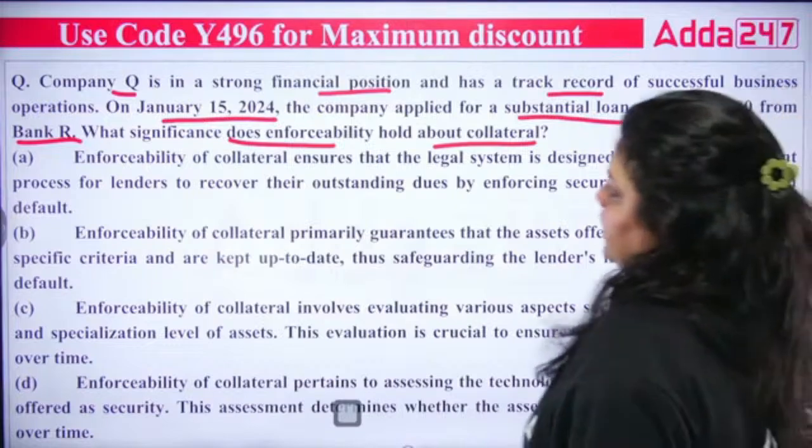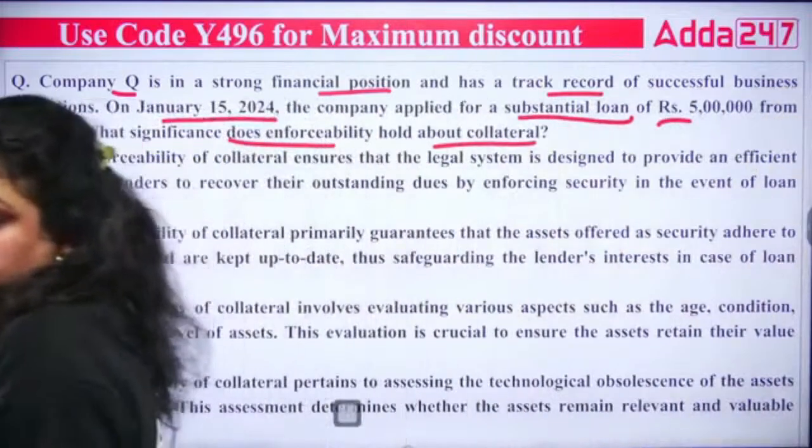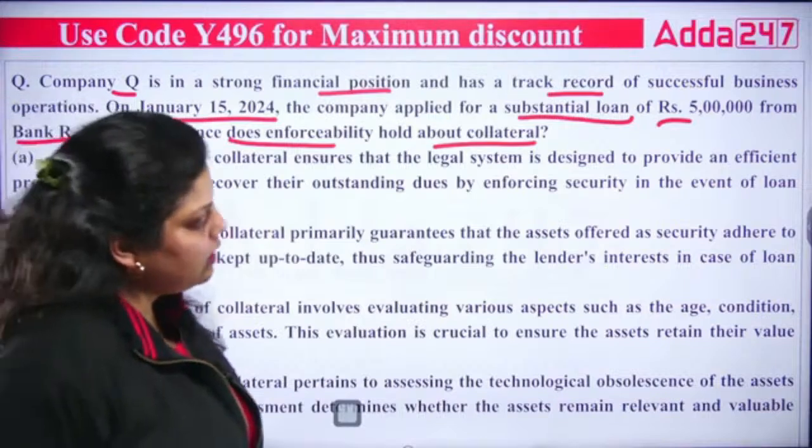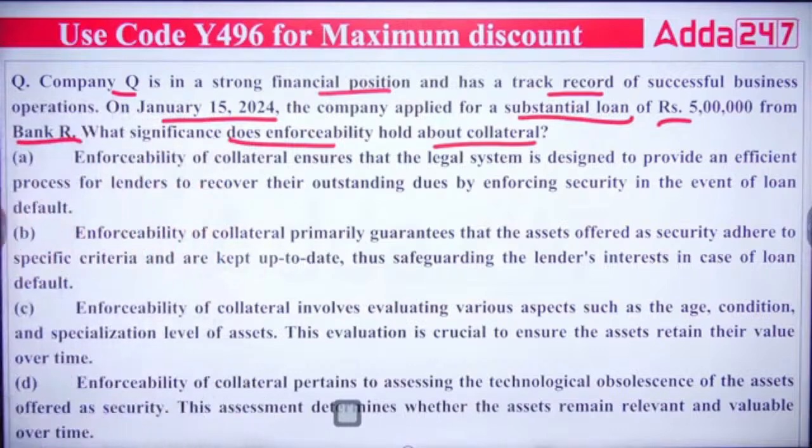Okay, the first is saying enforceability of collateral ensures that the legal system is designed to provide an efficient process for lenders to recover their outstanding dues by enforcing security in the event of loan default. And what's wrong in this? Everything is correct. So the first option is correct.